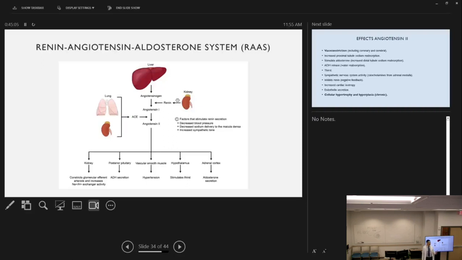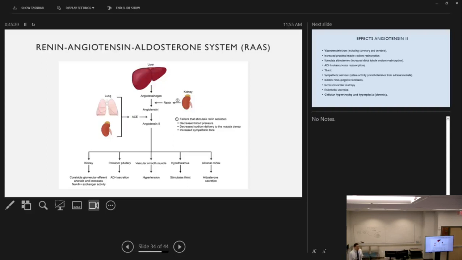And that angiotensin 2 has so many actions in the body. Notice that it will stimulate the adrenal cortex to release aldosterone, leading to an increase in sodium and water retention, blood pressure, and blood volume. It goes to the hypothalamus to stimulate the thirst mechanism, and will produce constriction of the smooth muscle.